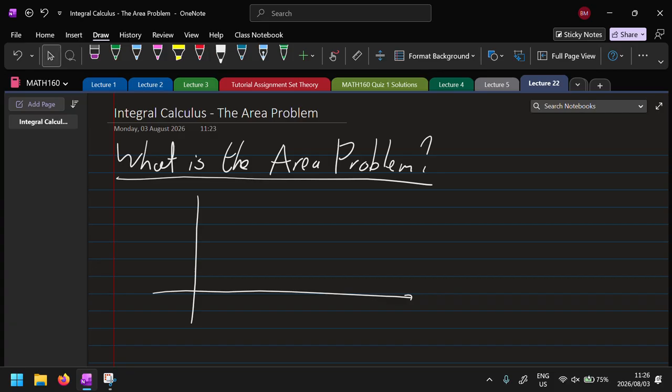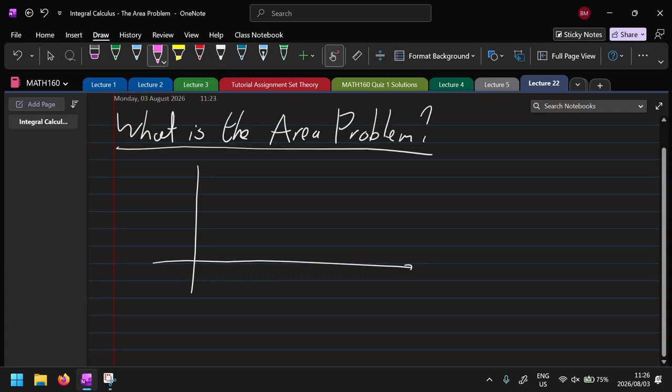Let's say we have our function f. So we got some function f here in pink. Again, I'm drawing it continuous, differentiable, but please keep in mind we're assuming any function for now.